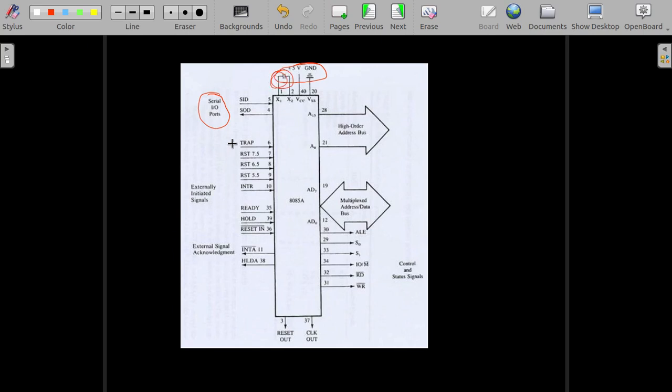Similarly we have a group of interrupts or externally initiated signals, along with acknowledgements for the same signals. We have the address bus and the address and data bus, and then we have the control and status signals. Then there are the outputs to the peripherals, clock and reset.